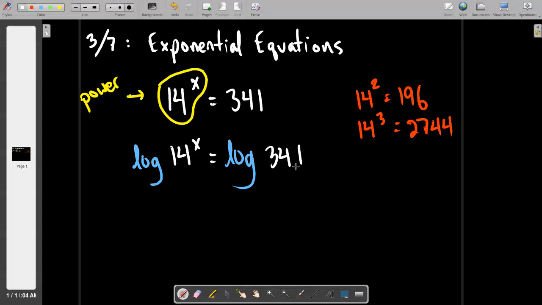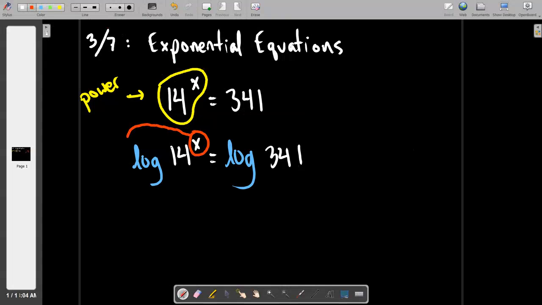The x is like nanny boo-booing us from up in the branches. And we're like, I can't do anything about you except guess and check. But the moment I utilize property 3, the moment I take the x and I drop it down into the front, because that's legal now that we've logged, I now have this equation that says x times the log of 14 is equal to the log of 341.